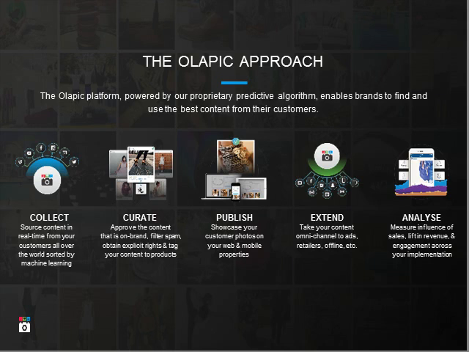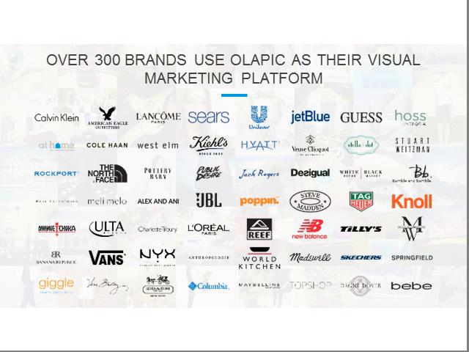And as part of their client base, you will identify with some of the brands that they've been pioneering in visual marketing over the last few years, including Calvin Klein, Unilever, L'Oreal, Coach, plus many others that you'll see. They currently have over 140 employees, and Olipic has offices in New York, LA, Cordoba, London, and since their recent announcements of acquisition of Picora, they've also now got an office in San Francisco.